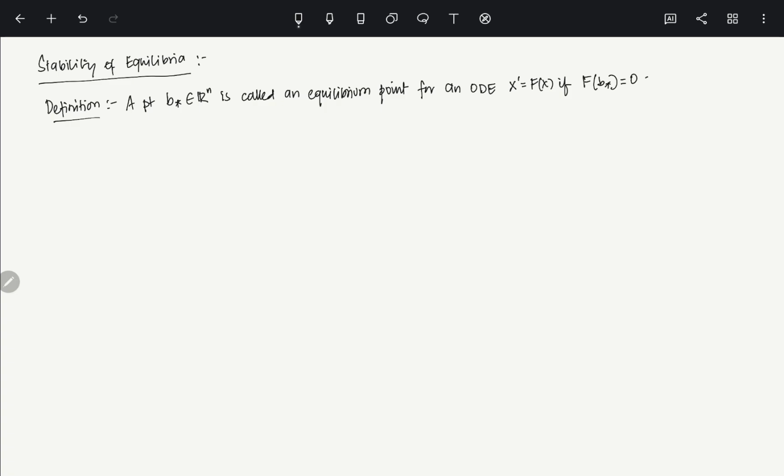Basically, at that point, if the source term f is 0, then we call this an equilibrium point.